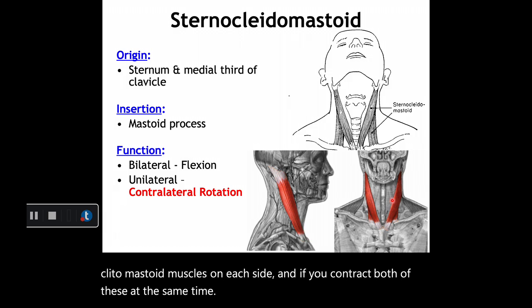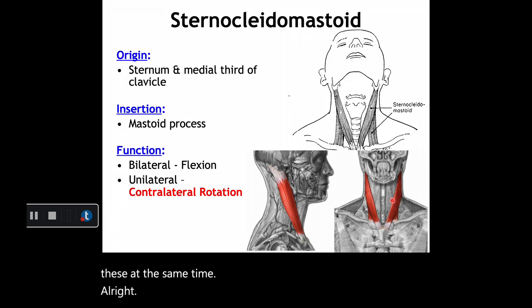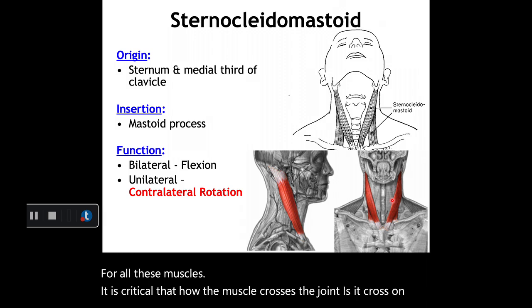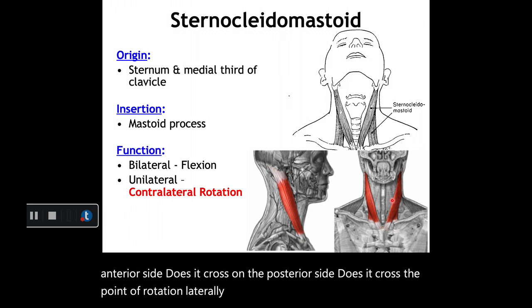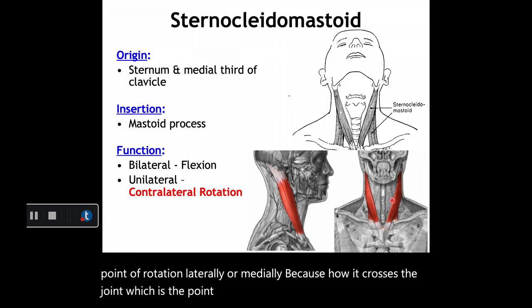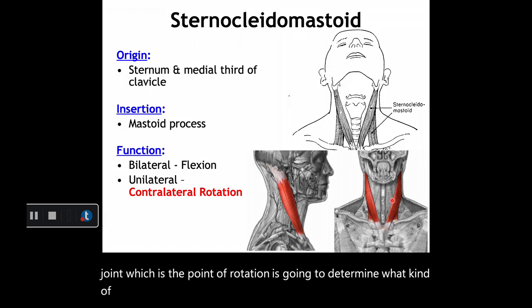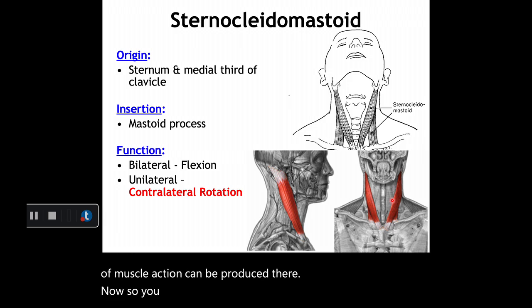all right, for all these muscles, it is critical that you know how the muscle crosses the joint. Does it cross on the anterior side? Does it cross on the posterior side? Does it cross the point of rotation laterally or medially? Because how it crosses the joint, which is the point of rotation, is going to determine what kind of muscle action can be produced there. Now, use sternocleidomastoid, right? It crosses anterior to the point of rotation.